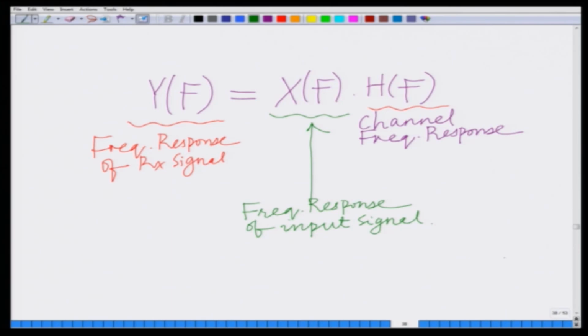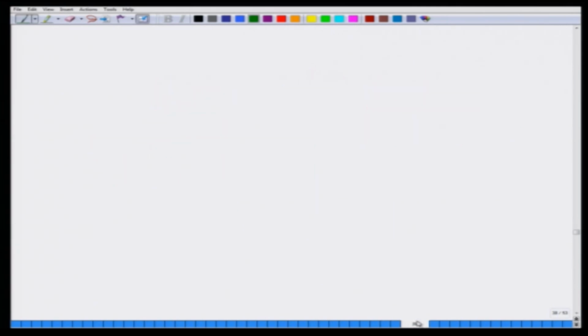So convolution in the time domain is a multiplication of the frequency responses in the frequency domain. And now we can see what happens in this scenario.